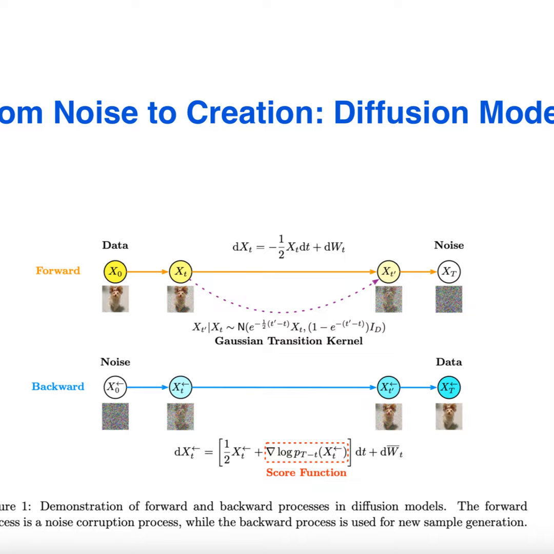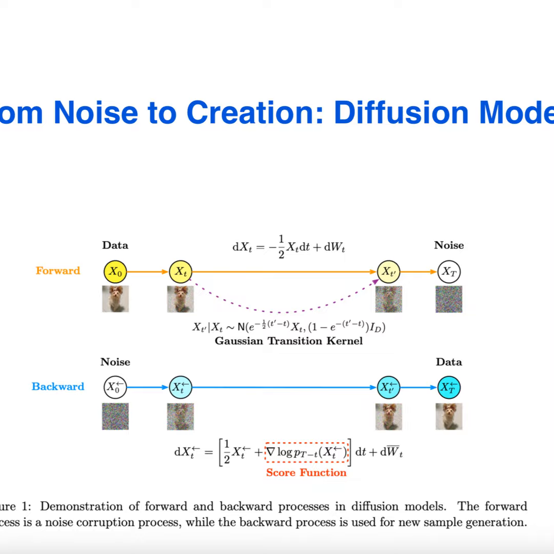Now, where do these SDEs, those stochastic differential equations, come into play? Well, think about it this way. SDEs are really a way to describe how something changes over time because of random influences. Okay, so in our case, it's the data changing as we add noise, right? Exactly. And what this paper does is generalize that noise addition process.